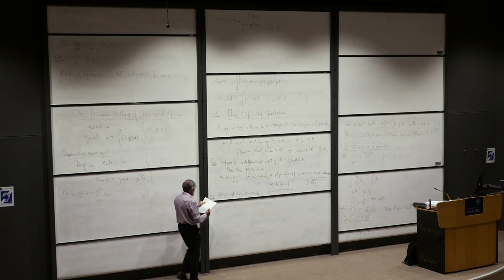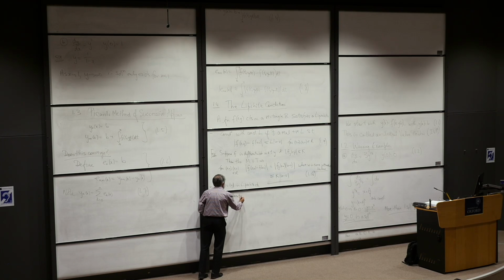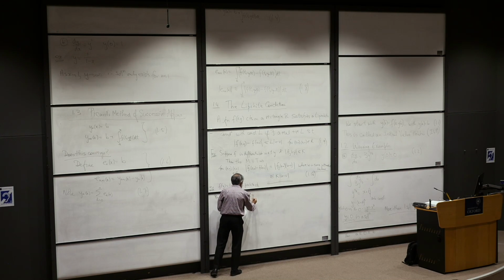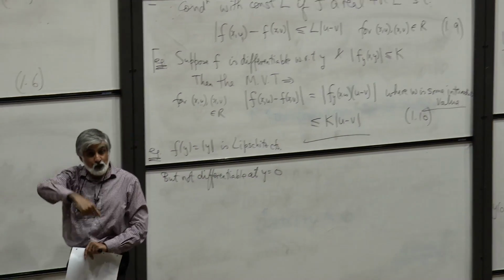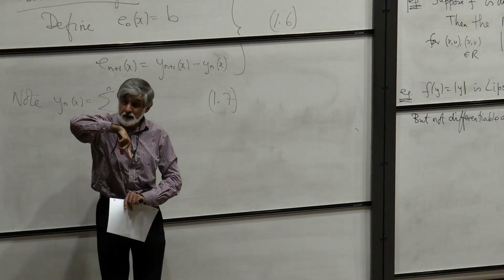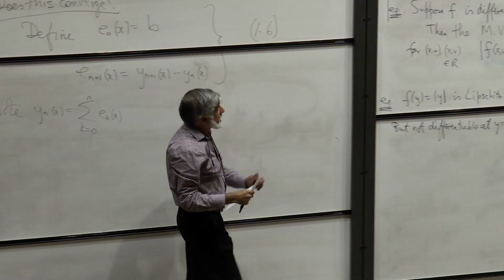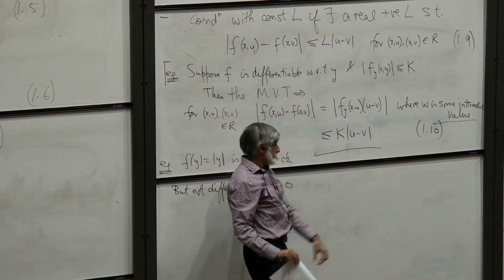But this is not differentiable at y equals 0, because the limit as you go from positive y is 1, as you go from negative y is minus 1. Okay? So this isn't a necessary condition.